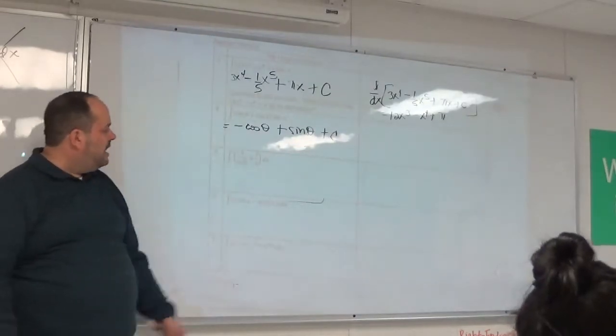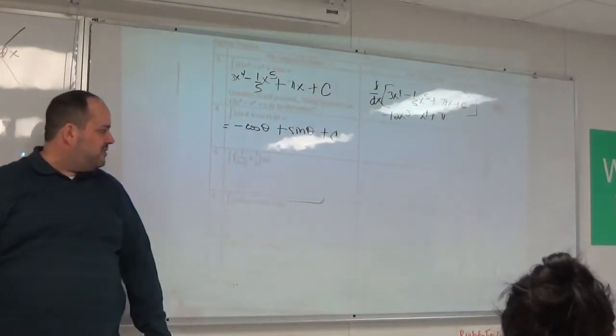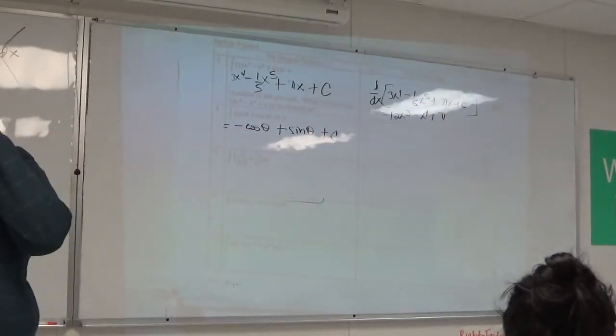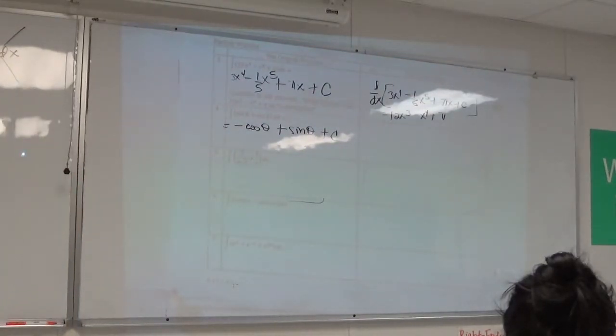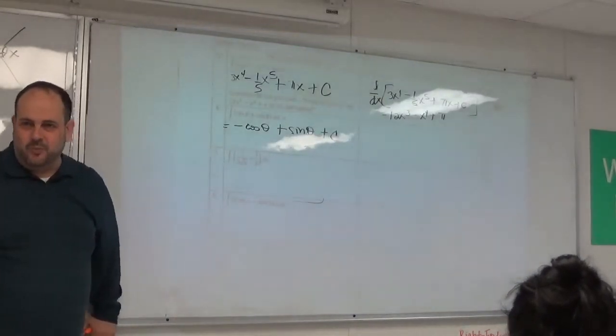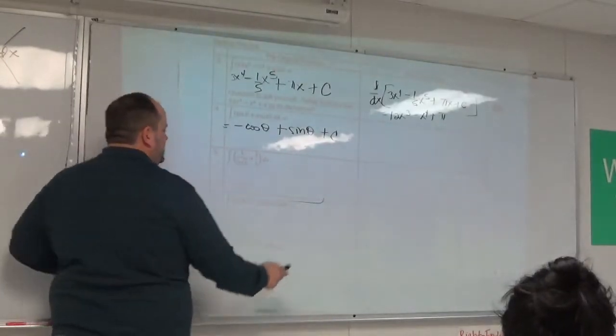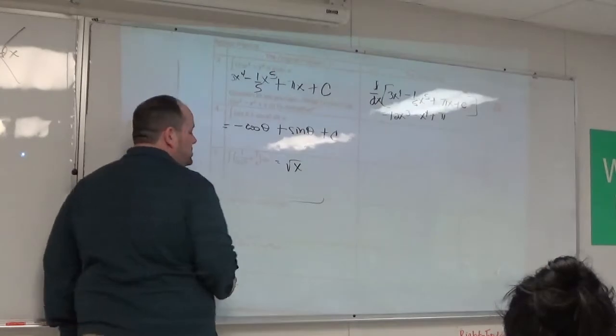Okay. Next one, indefinite integral of 1 over 2 square roots of x plus 1 over x. What do you take the derivative of and get 1 over 2 square roots of x? This is why tonight's homework involves practice with the derivative rules. Okay, the answer here is the square root of x.